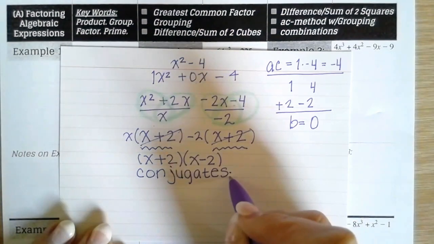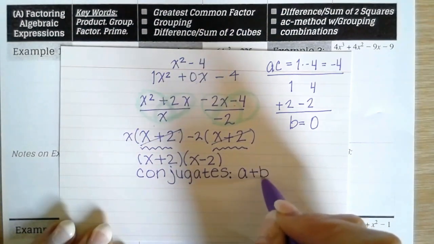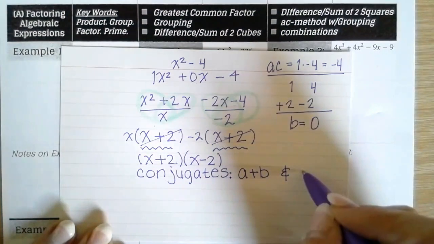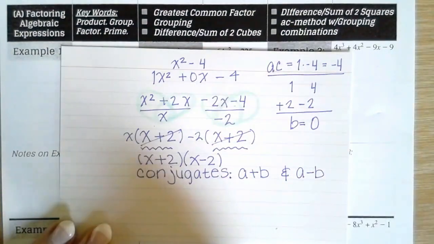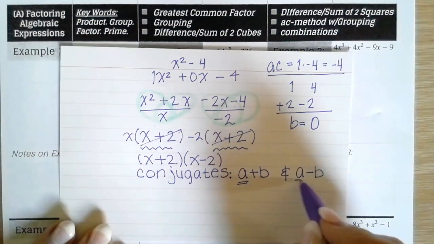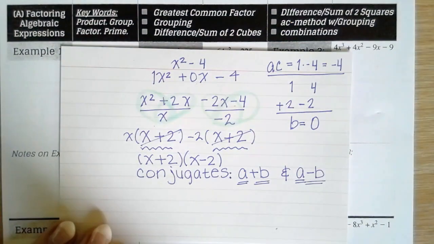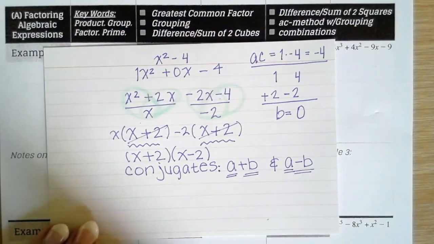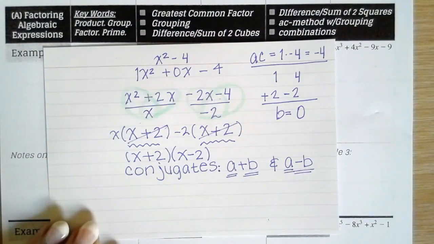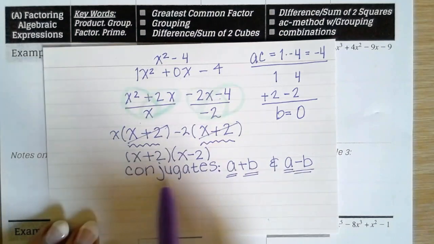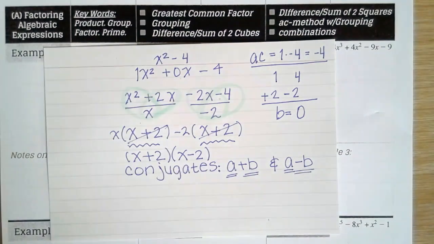So conjugates, for example, a plus b and a minus b. When you conjugate a verb, you keep the beginning of the verb the same, and you change the ending. That's how conjugates work. We use conjugates for a lot of things in math. They come in super handy, and this is really one of them. They are conjugates of each other.